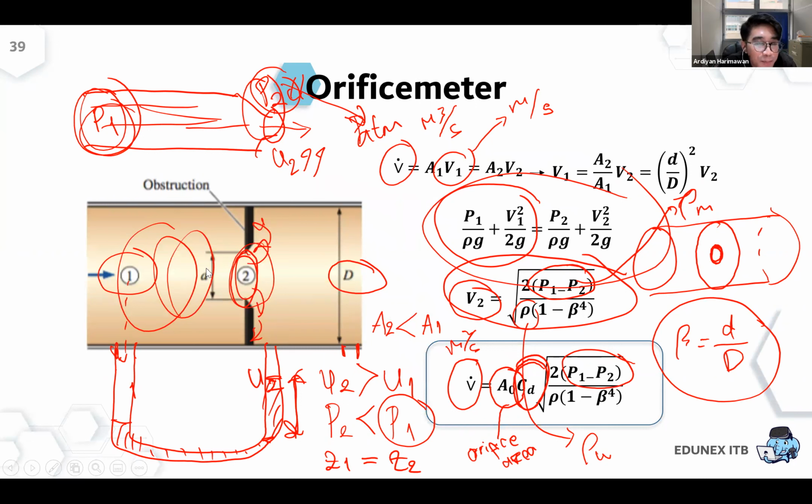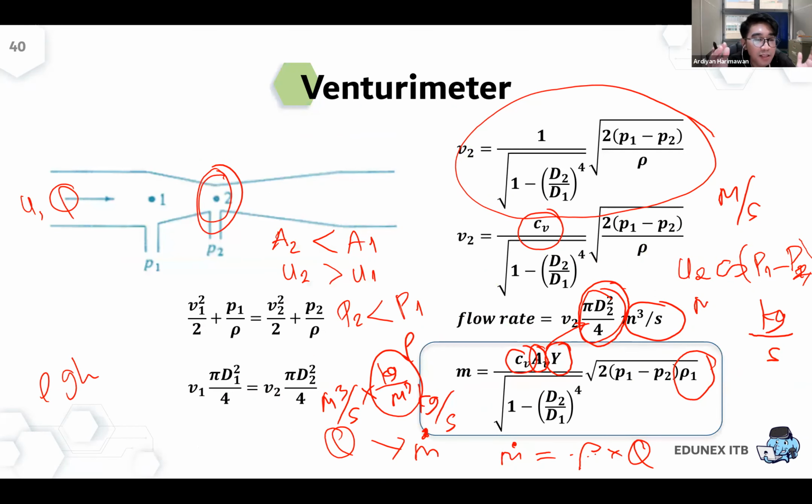In real application, both of them are being used. Maybe the preference comes from which one is easier. Is it easier to install a small plate inside the pipe, or is it easier to connect, because it takes longer, right?